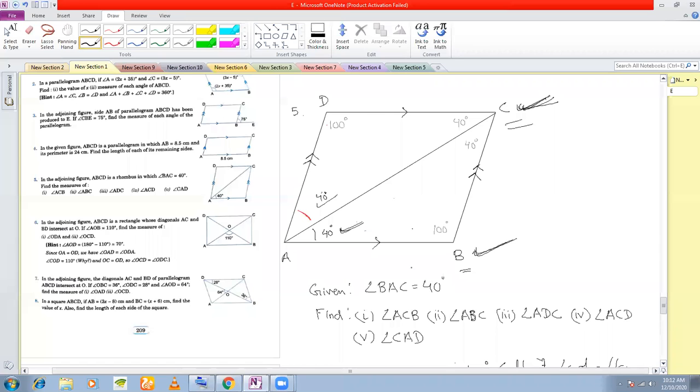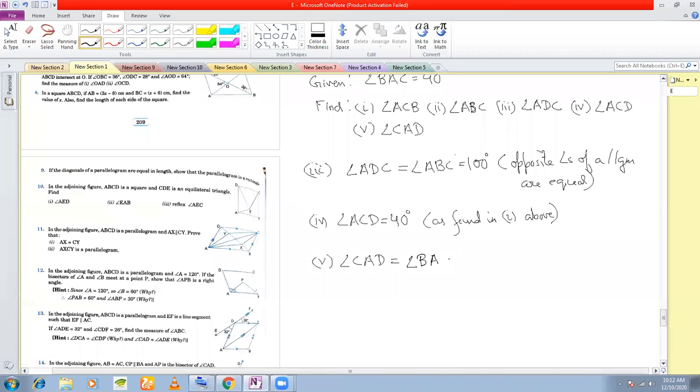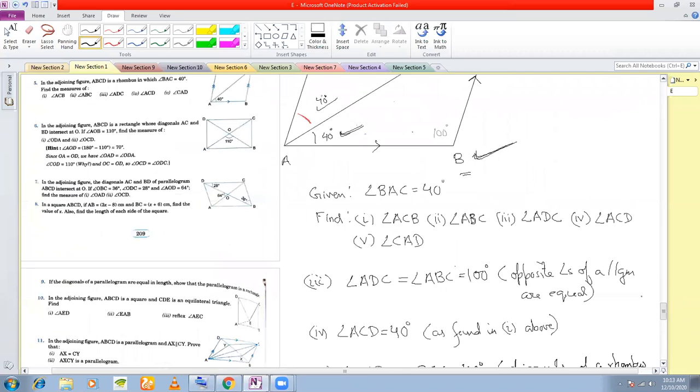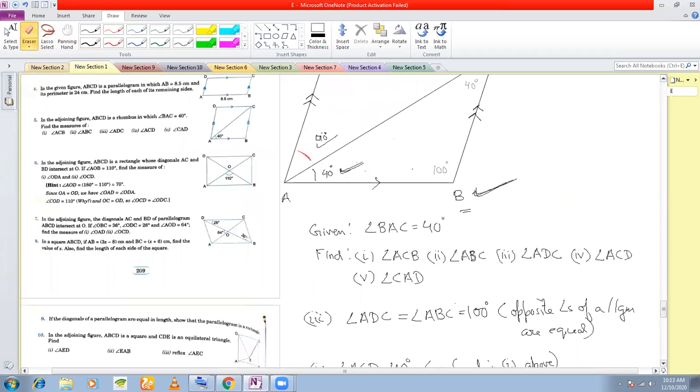BAC is already given, BAC equal to 40 degrees, because diagonals of a rhombus bisect its interior angles. That's it. All questions answered. So this is also 40 degrees. That's it. So all questions answered.